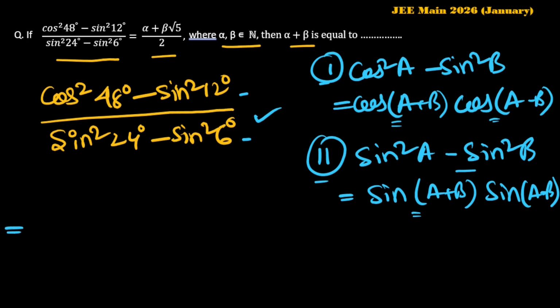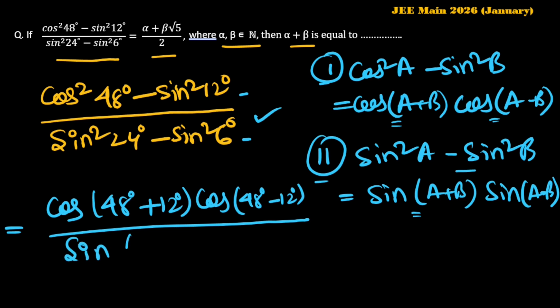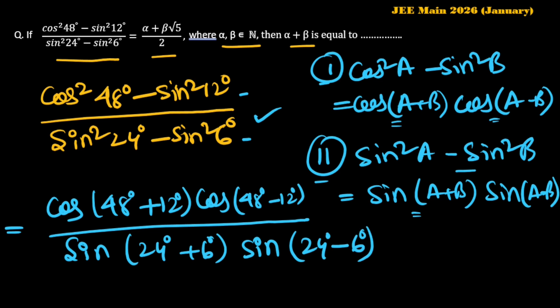Therefore, we write cos square 48, where A is 48 and B is 12. It is cos of 48 degree plus 12 degree into cos of 48 degree minus 12 degree, and sin square 24, where A is 24 and B is 6. So that is sin square A minus sin square B, which is sin of A plus B, that is 24 degree plus 6 degree, times sin of 24 minus 6 degree.